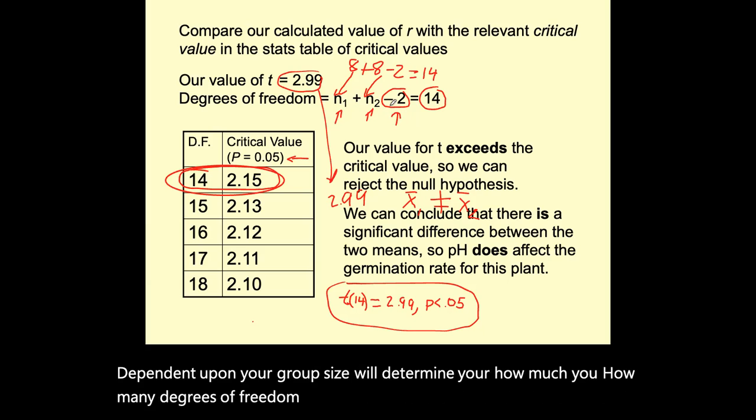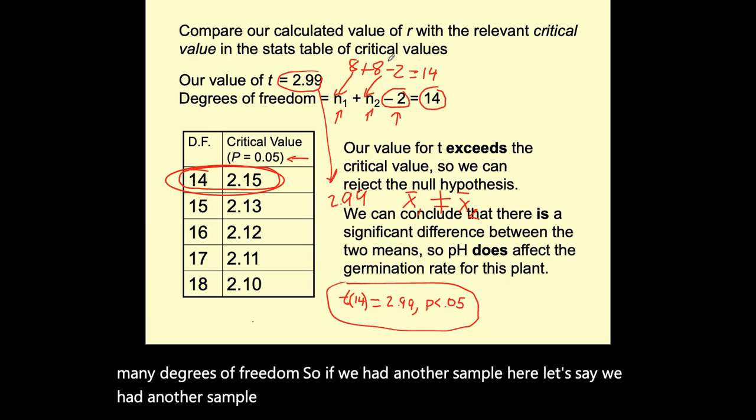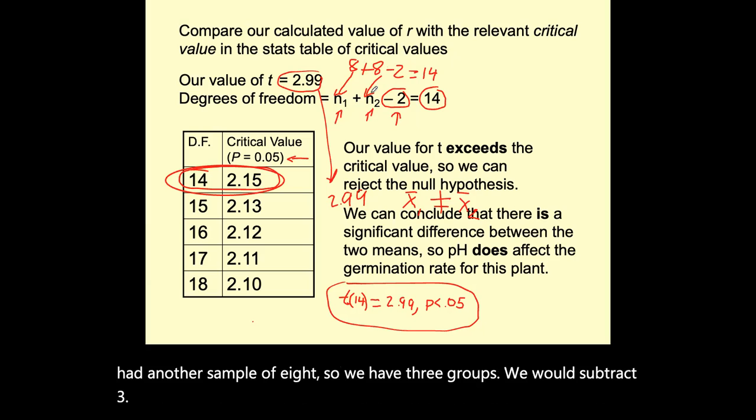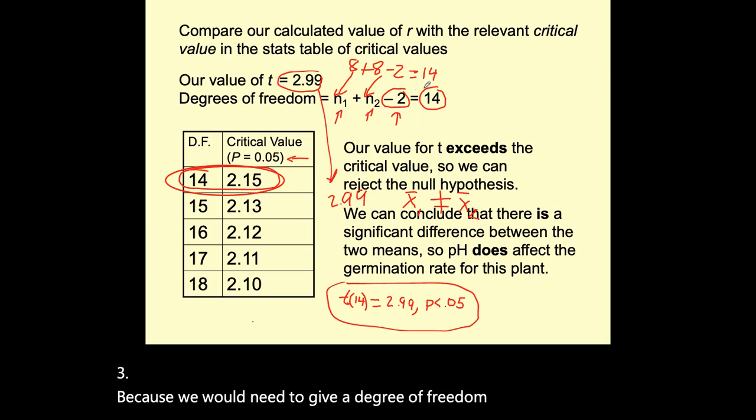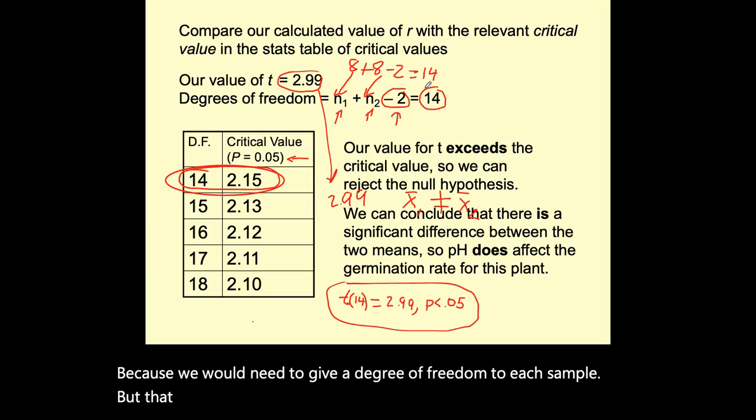So if we had another sample of 8, so we have 3 groups, we would subtract 3 because we would need to give a degree of freedom to each sample. But that was a very good question, and thank you for allowing me to clarify.